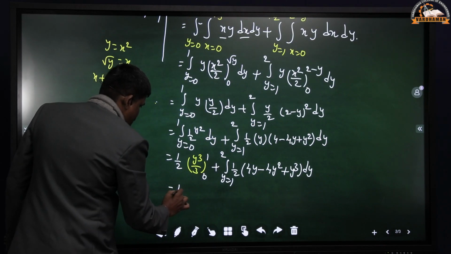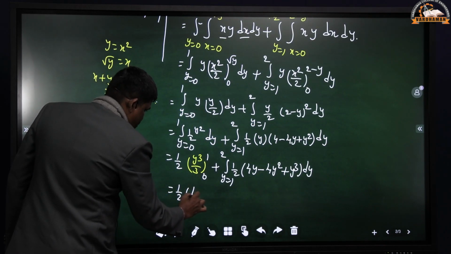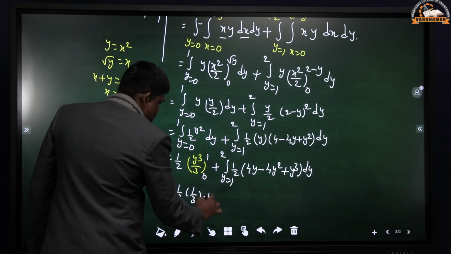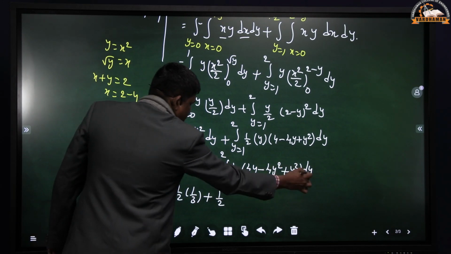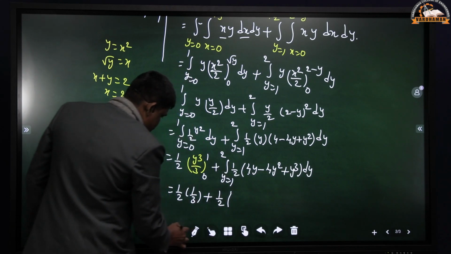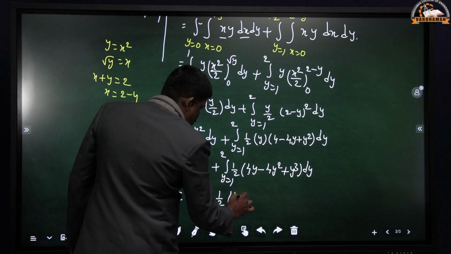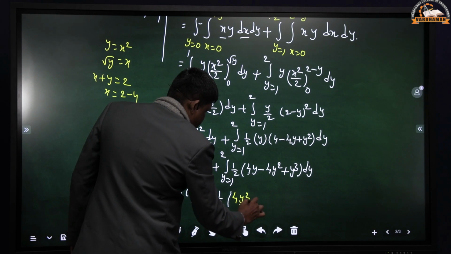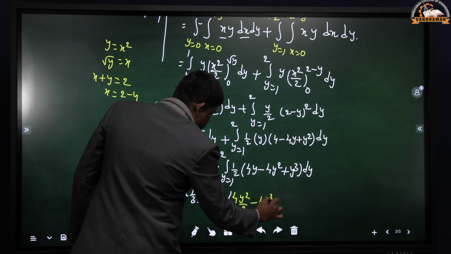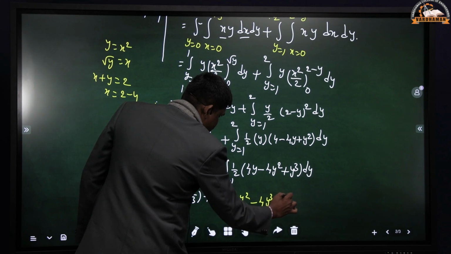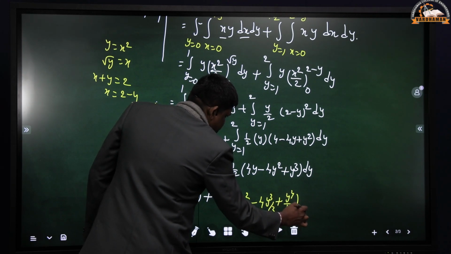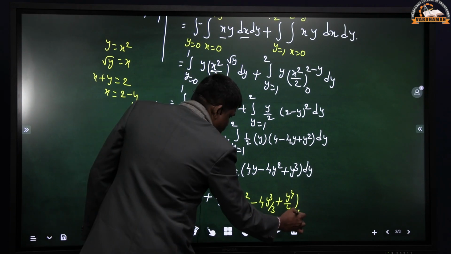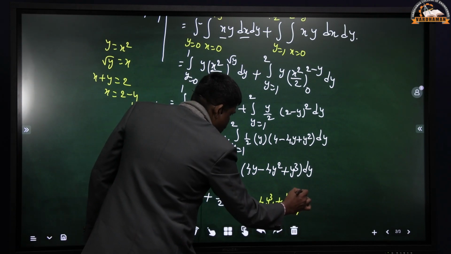That is equal to 1 by 2, upper limit is 1, so 1 by 3, plus integral, then take the integrations: 4y dy gives 4y square by 2 minus 4y cube by 3 plus y power 4 by 4, and the limits are 1 to 2.